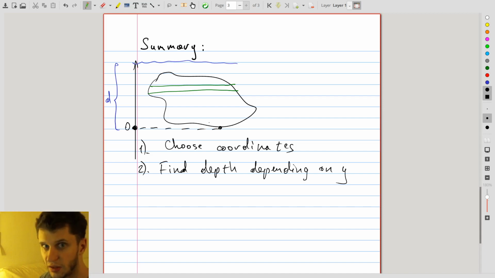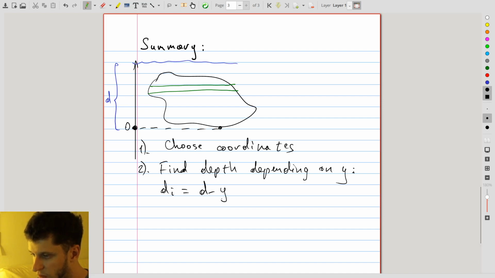So in this case, as pictured, d is the depth at the origin. If you're not at the origin but at a different value of y, so if y is positive, you're somewhere here, and depth is only d minus y. So this here is given by d minus y_i.